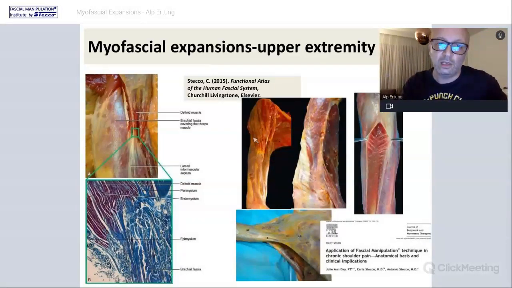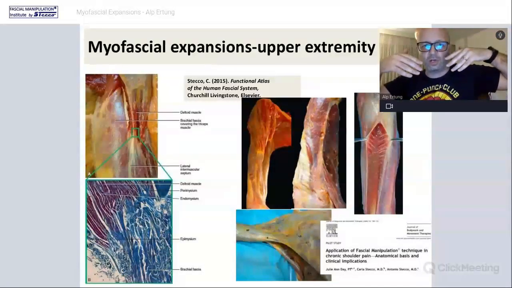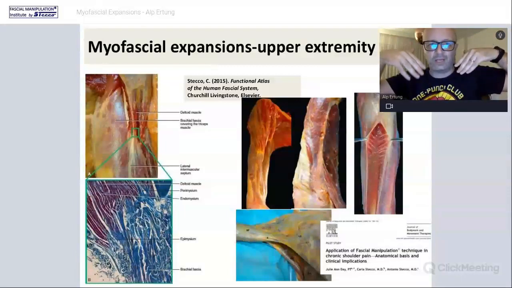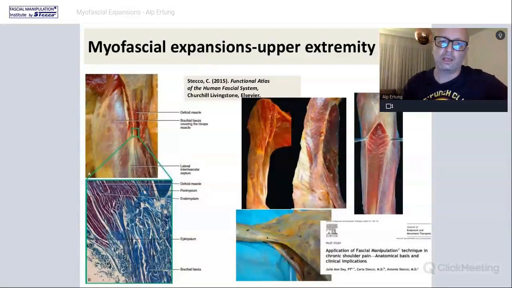So we need to understand that the relationship between these muscular structures and the myofascial expansions and the brachial fascia is really important to understand the actual functional anatomy. So I was going to say that.